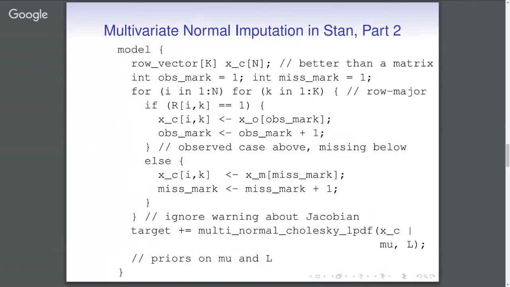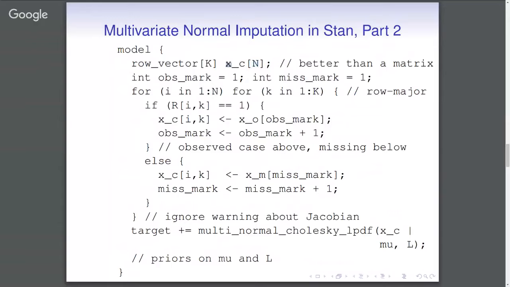Okay, the model block looks like this. So we're going to have a thing that kind of sounds like a matrix but actually isn't a matrix. We're going to have an array. This array is of length n.